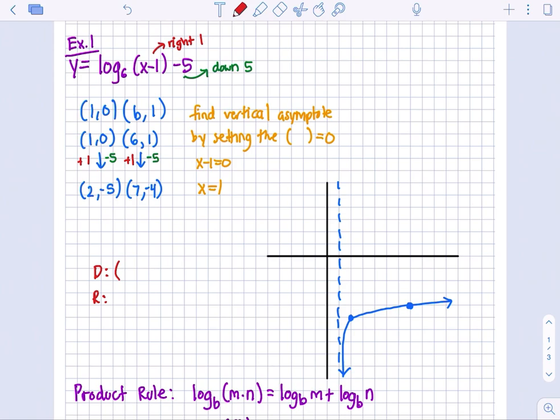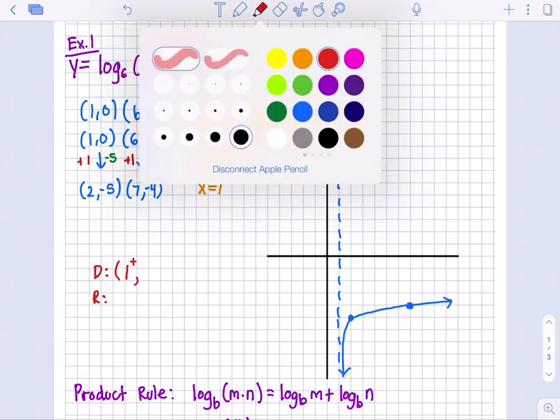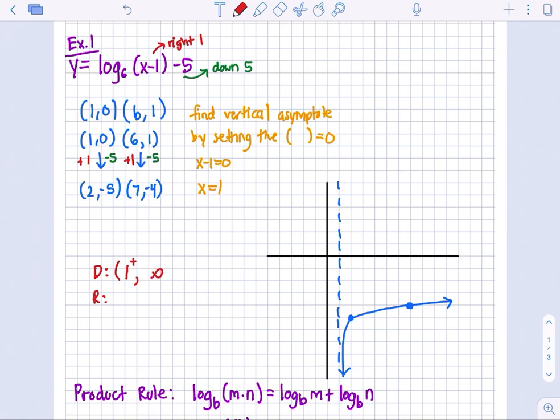Then when your x value goes to infinity, follow your curve to the right, and you'll see that it just goes infinitely to the right.